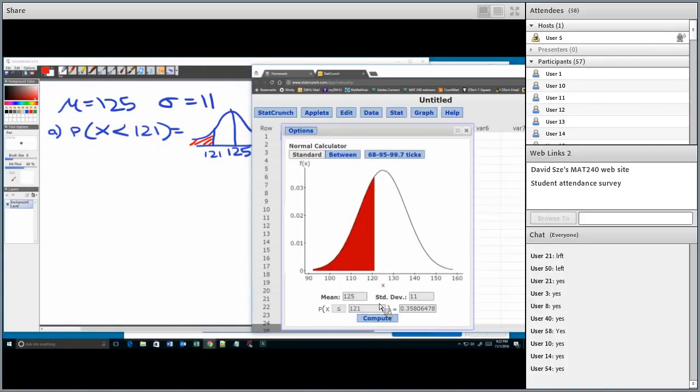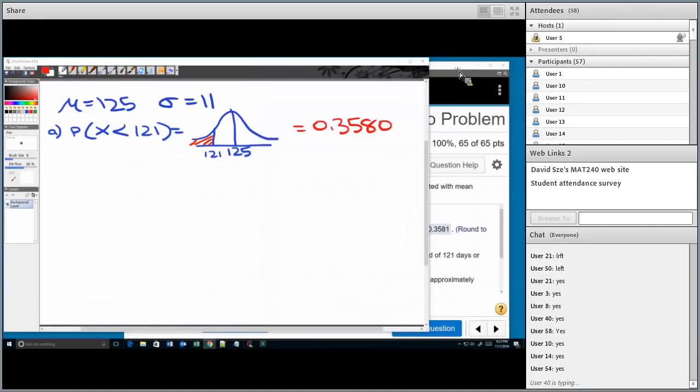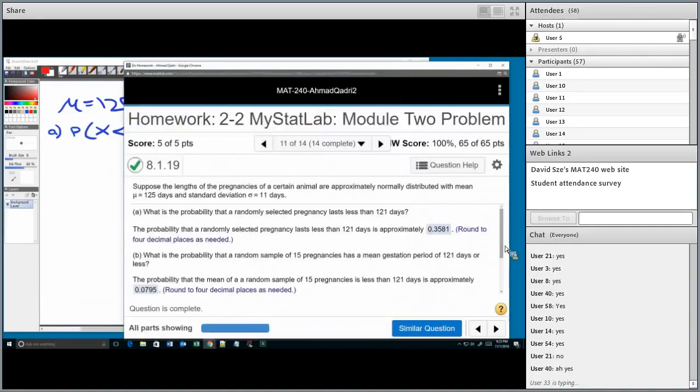I hit compute and I get the area kind of like what I was looking for. And the probability under the curve is 0.3580. Okay. Any questions so far? I think this is just like yesterday. Nothing has changed. So it's fairly simple.